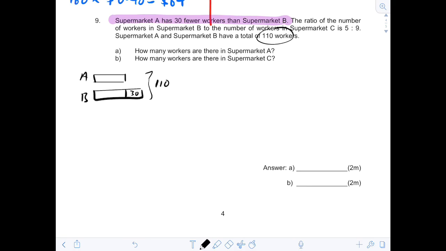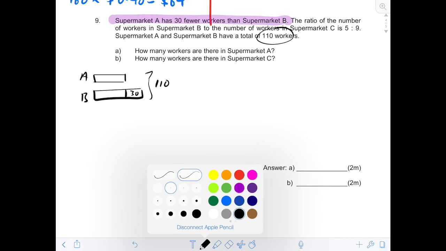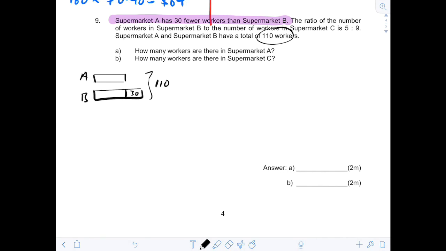Okay, so if you want to find how many workers are there in supermarket A, all we need to do is take the 110, or rather you use the unit method. Unit method would be 2 units will be equal to 110 minus 30, you get 80. Then you find 1 unit equals 80 divided by 2, you get 40. And from here, you already found the answer for A, which is 40.